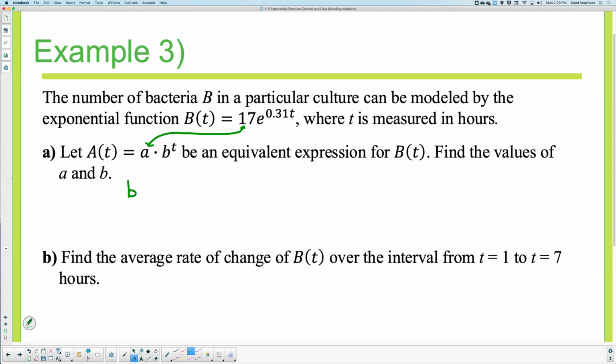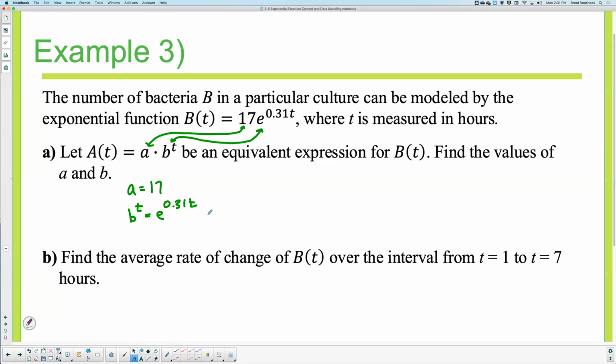But our base is no longer supposed to be an e. Whoops, I'm writing the wrong thing. a is equal to 17. But I want you to notice the base is different. B of t is going to equal e to the 0.31t. Now, why do I say that?